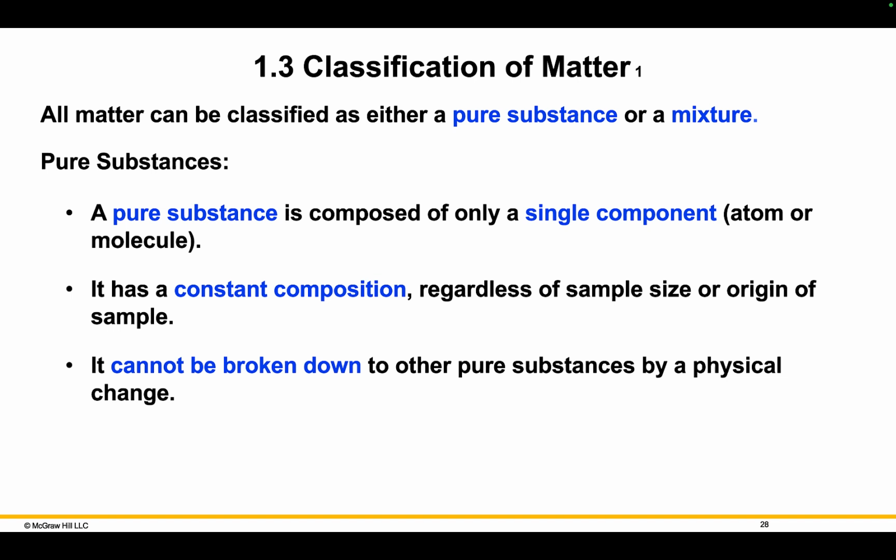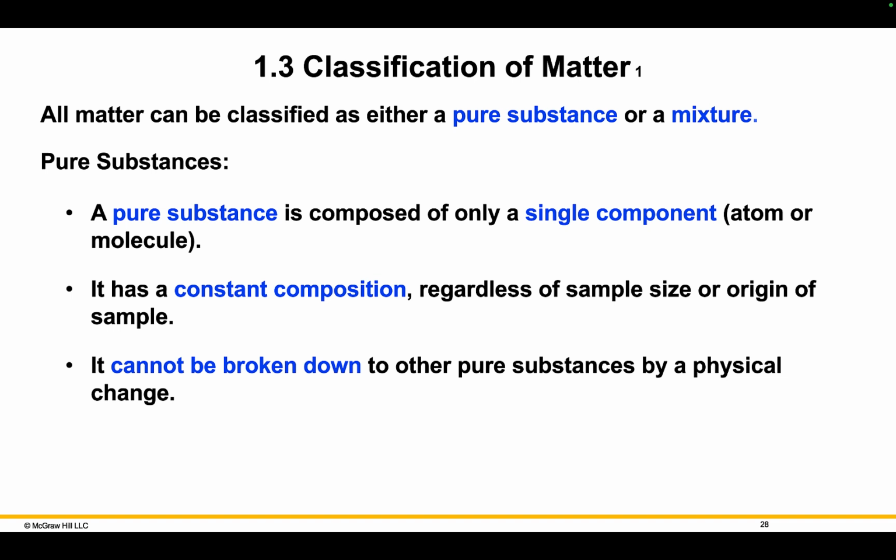Now, when you start to put those elements together, you form molecules. So, for instance, when you put two hydrogens and an oxygen together, those different atoms combine to form a molecule of water. And so these are both pure substances. There's constant composition, regardless of the sample size or the origin of the sample.